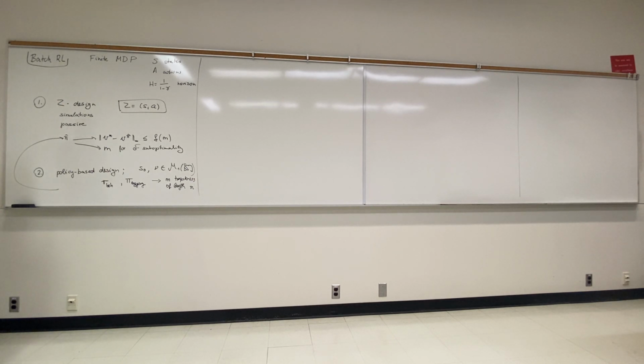And so for the first question, this Z design calls for determining how many observations we want for each individual state action pair. One can feel that because of symmetry a priori, there is no reason to collect more samples at one state action pair than for another one.